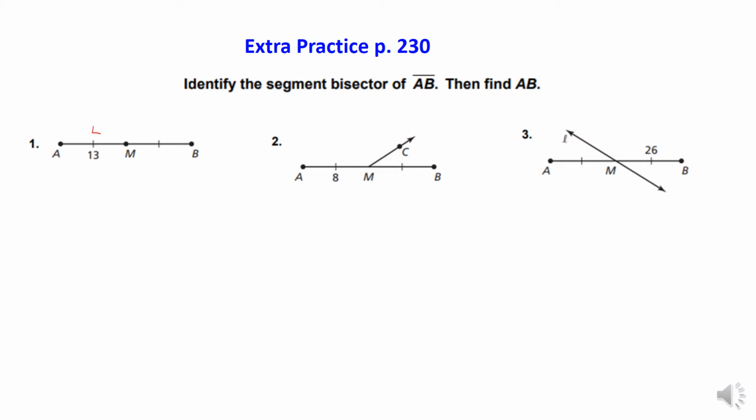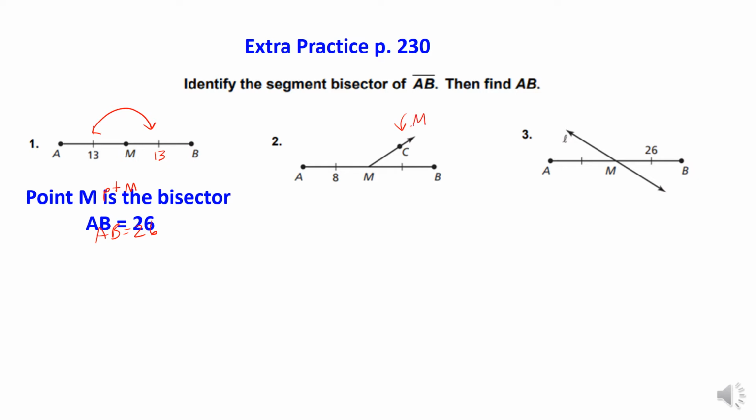Okay, so let's identify the segment bisector of AB and then find AB. So number one, we know that the segment bisector is point M, okay? And since they want us to find AB, we know that this is also 13, and therefore AB equals 26. Okay, so for the next one, we see that ray MC is the bisector of AB.